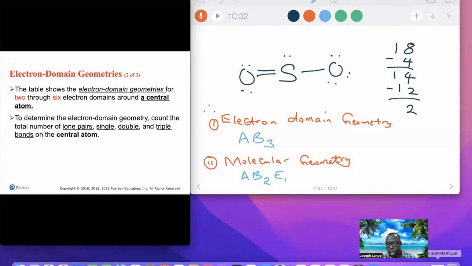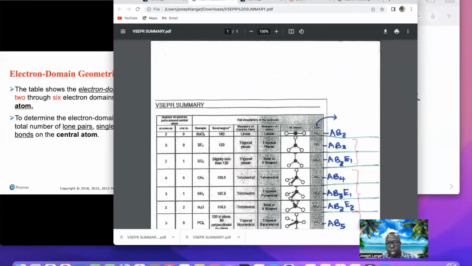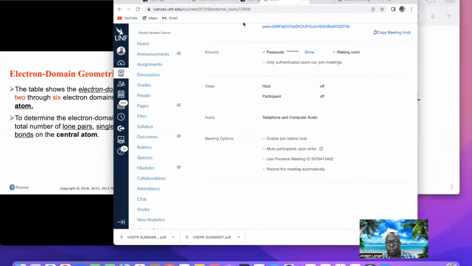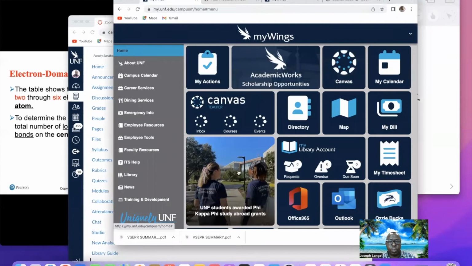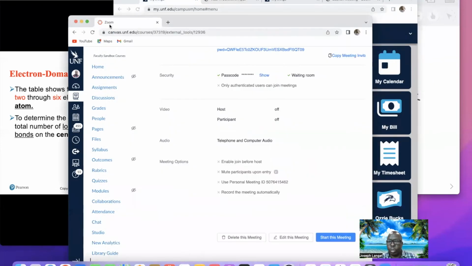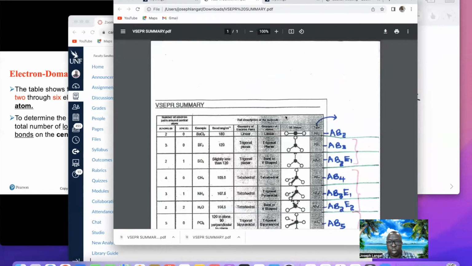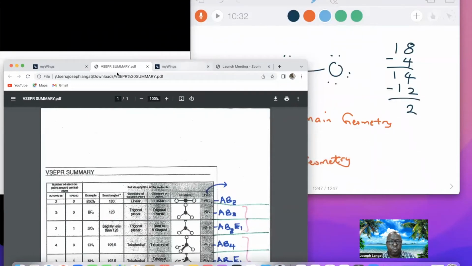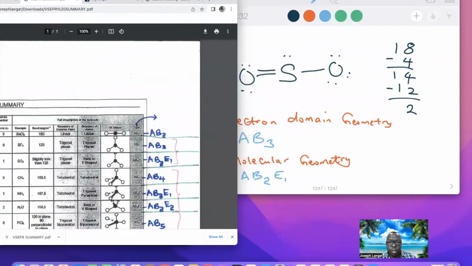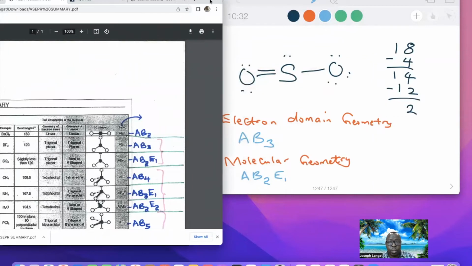In this case, I will use the table here. For electron domain geometry, I wanted to show you here, side to side. If you look at the electron domain geometry, it is AX3.